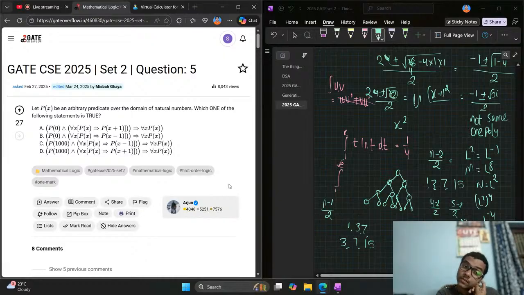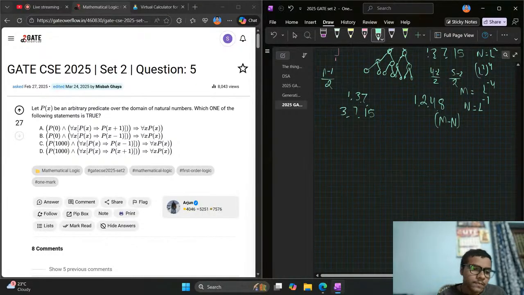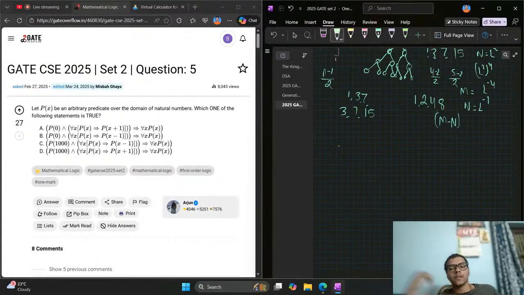Arbitrary predicate over a domain of natural numbers. p of 0 and for all x, p of x implies p of x plus 1 implies for all x p of x. Okay, on the domain of natural numbers. It seems like mathematical induction.